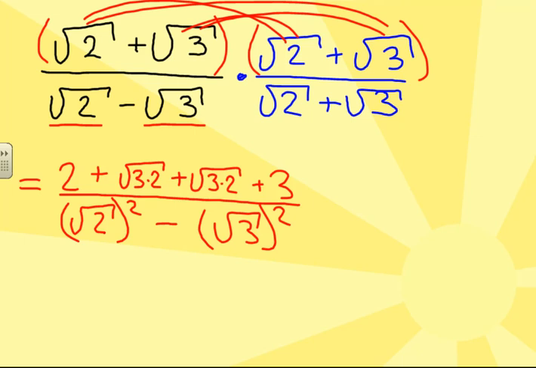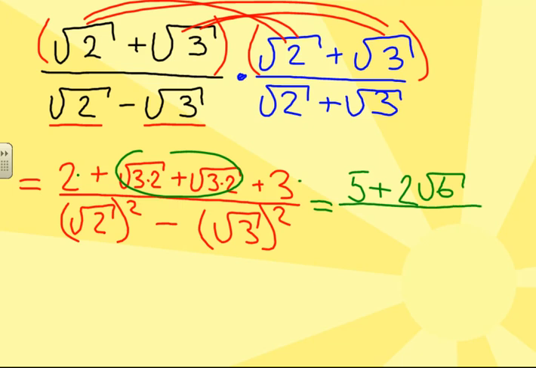Let's write this out again. My top, I can combine those two terms, this 2 and this 3. 2 plus 3 gives me 5, plus I've got 2 root 6's, all over. Now it's what I do with the bottom.